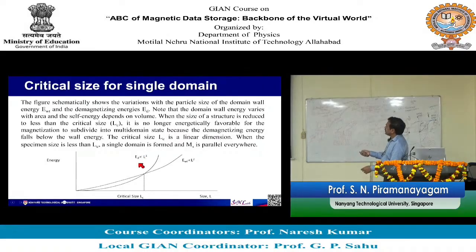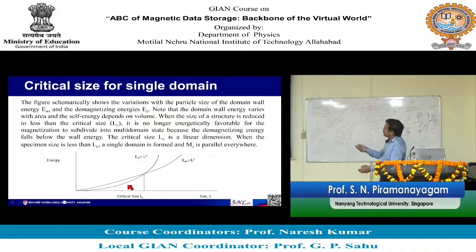What it means is that if size exceeds a certain critical length, above this size it is better to form domains. If you form domains, you can minimize this energy drastically. It's okay to spend some energy to form a domain wall, but the total energy will be reduced. So above a certain critical size, domains will be formed.